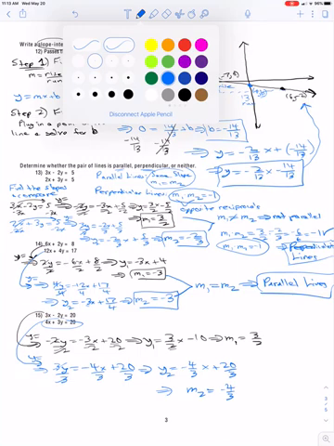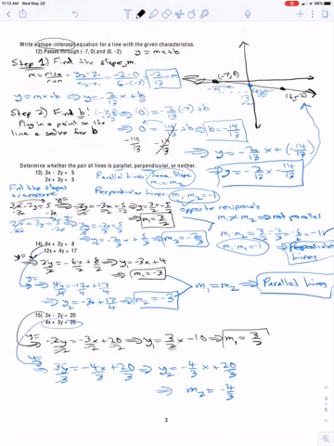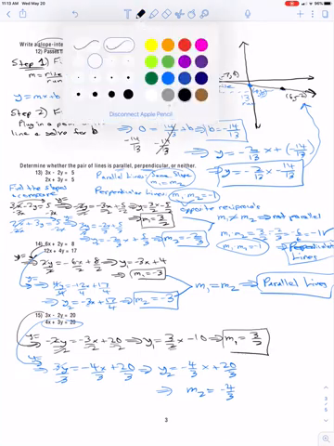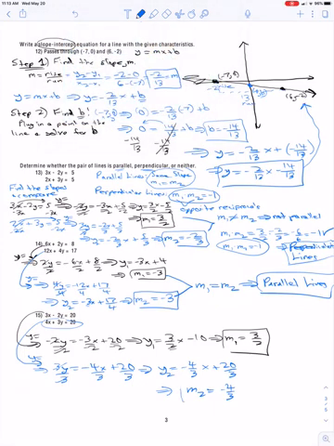So line 1, we found its slope, which was positive 3/2. Line 2, we found its slope to be negative 4/3. So as we compare these two, what do we have? We have different slopes. m1 is not equal to m2. So these are not parallel lines.